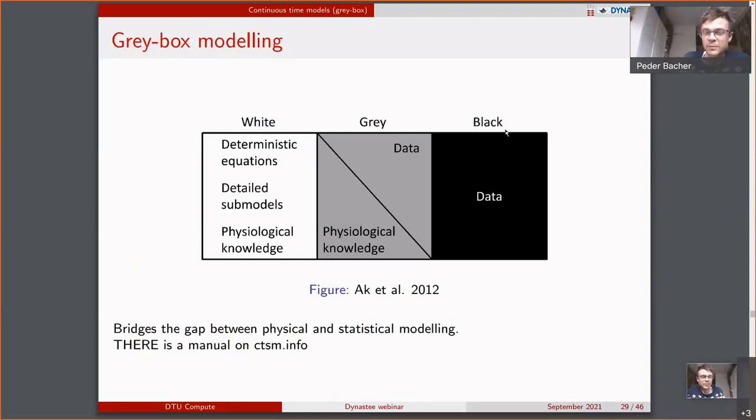On the other hand, we have a black box model, where we don't know how the physics works. We just formulate a model and it works for prediction, but we cannot interpret the parameters directly as physical variables. In between, we have the Graybox models, where we formulate the models as physical models from physics, and we estimate the parameters directly to the data.